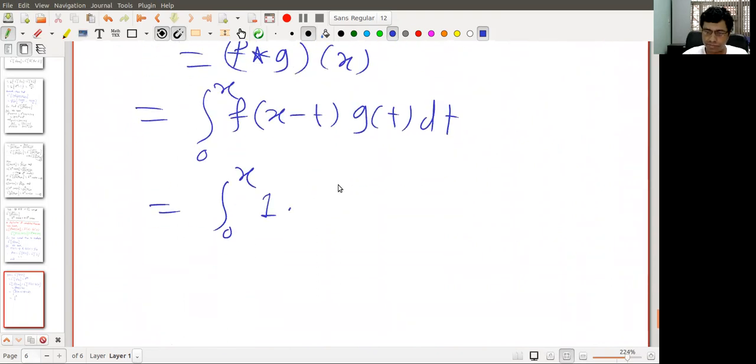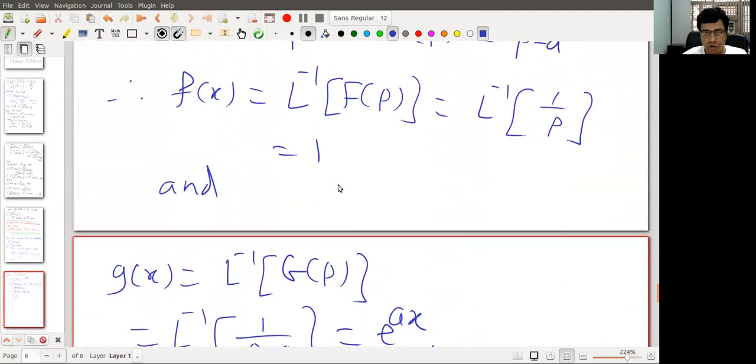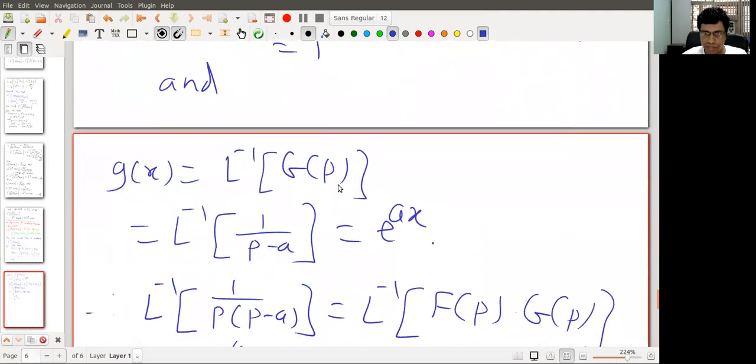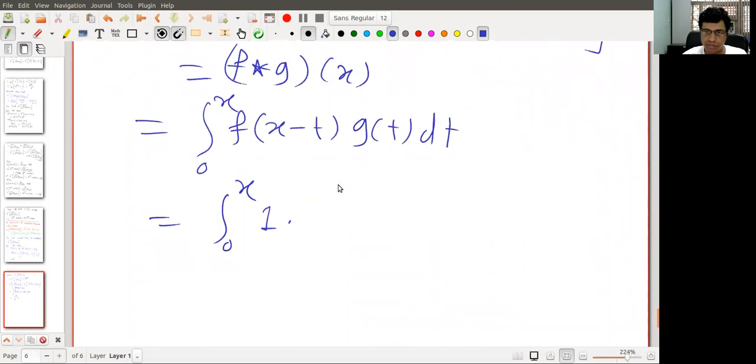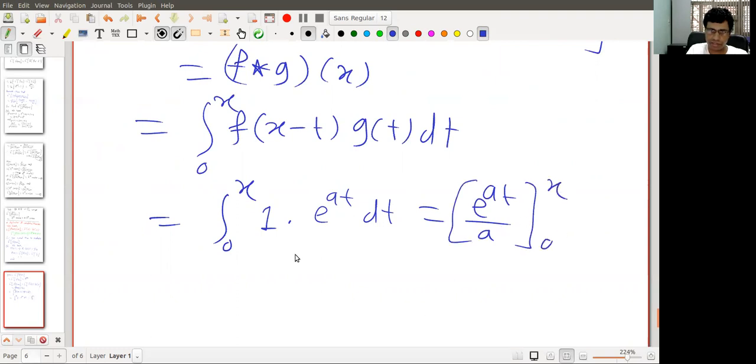G of x is e raised to ax, so g of t is e raised to at, dt. Now integral of e raised to at is e raised to at upon a. Limits are 0 to x. So this is e raised to ax minus e raised to 0, which is 1, divided by a.